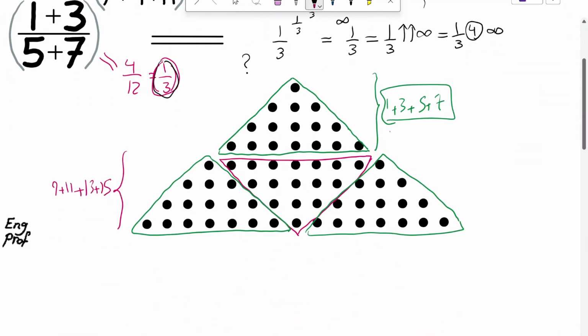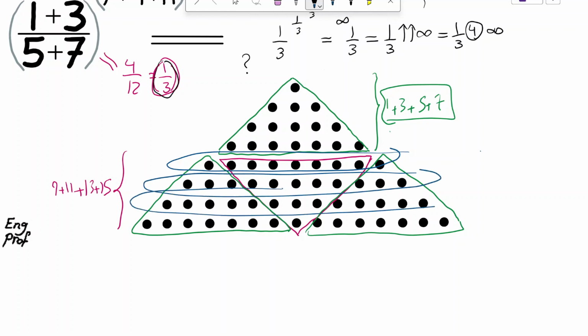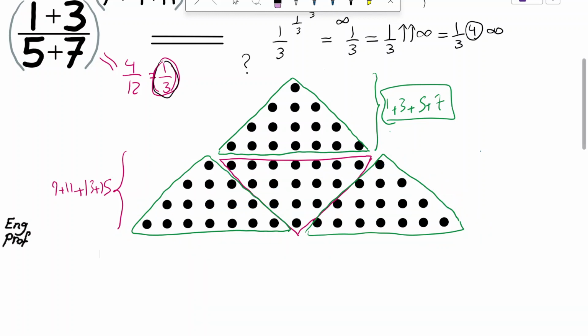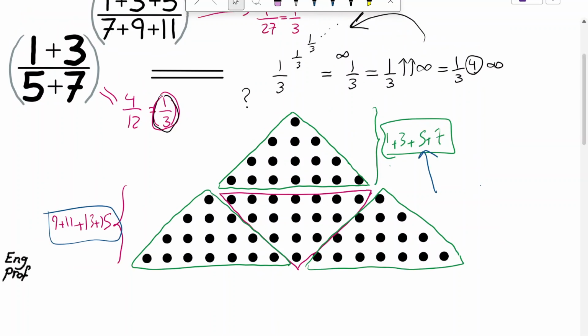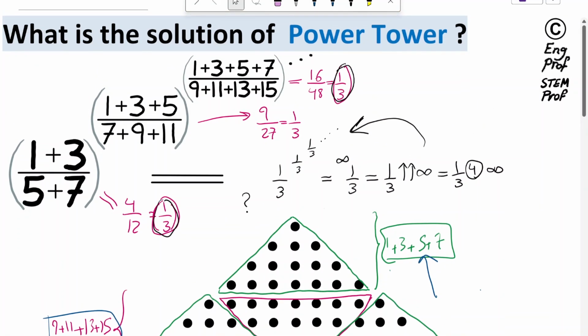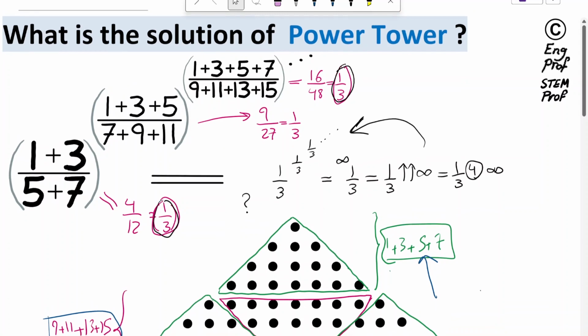So there you go. It's obvious why we are observing that, because this is 9, this is 11, this is 13, and here are 15 of these circles. So again, proving that what we have in numerator is 1/3 of what we have in denominator. So this is a visualization that is highlighting why we are observing 1/3.